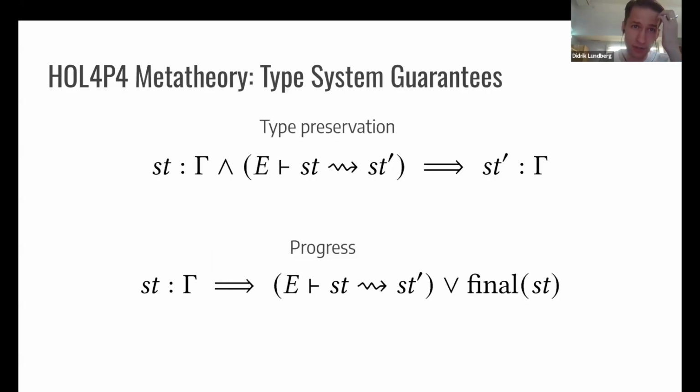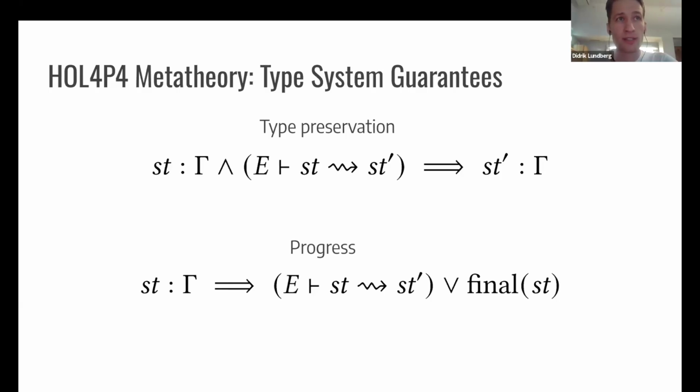And we also have a type system, which we use to prove in HOL4 two nice properties of the semantics, type preservation and progress. Type preservation states that if the initial state ST is well typed, and if ST is reduced to ST prime in the environment big E, then ST prime must also be well typed with respect to the same.